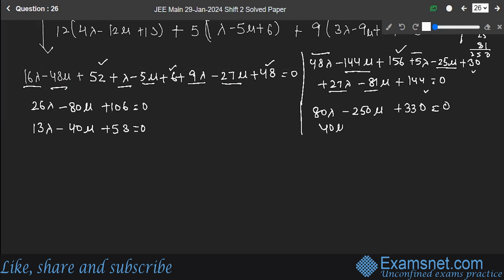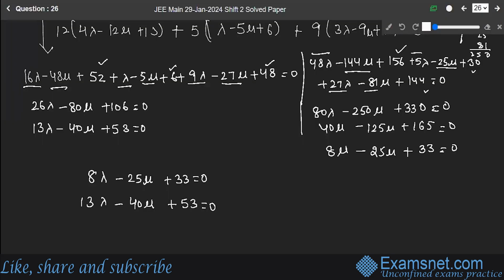You have 80 lambda minus 250 mu plus 330 is equal to 0, divided by 10 further. You have 8 lambda minus 25 mu plus 33 is equal to 0. Here was your lambda, not mu. Okay, so I have written these both equations over here.